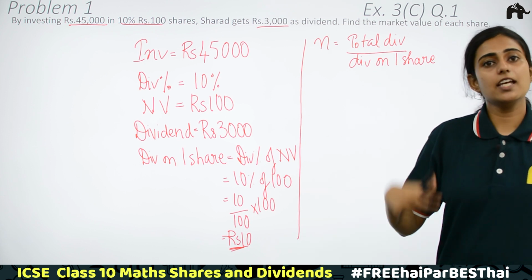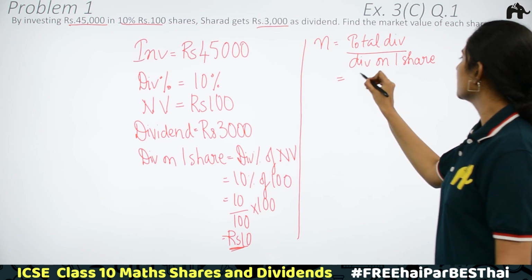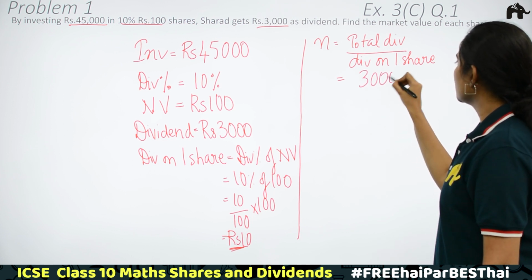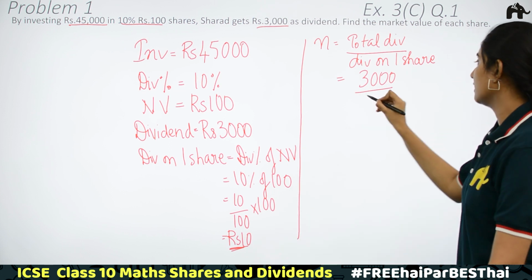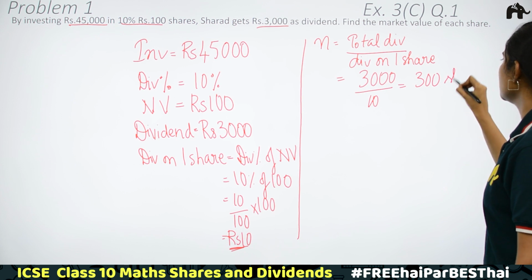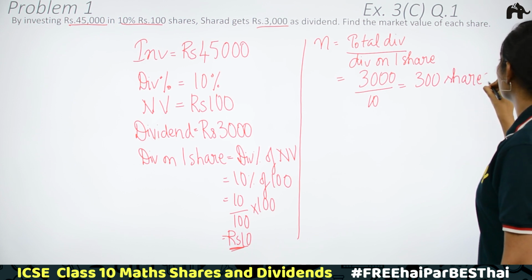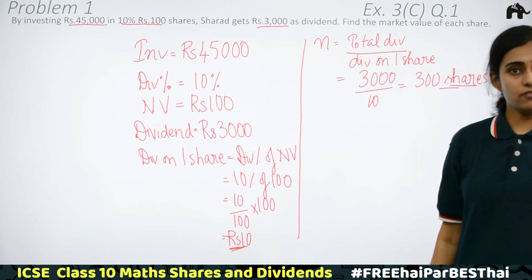Dividend on one share is the income on one share. Here the total dividend is 3,000 and dividend on one share is 10. Number of shares is equal to 300. 300 shares. Clear? We got the N value.